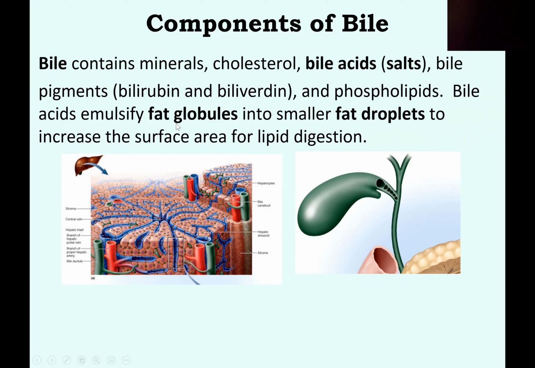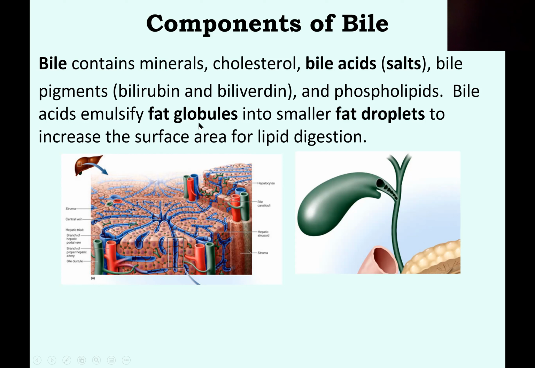It's going to emulsify fat globules into smaller fat droplets to increase the surface area for lipid digestion. So it's not quite an enzyme because it's not a protein, but it is going to help with digestion.